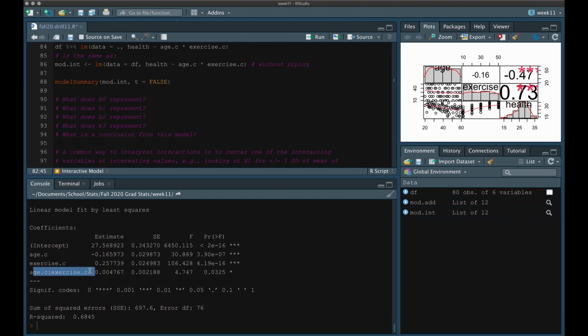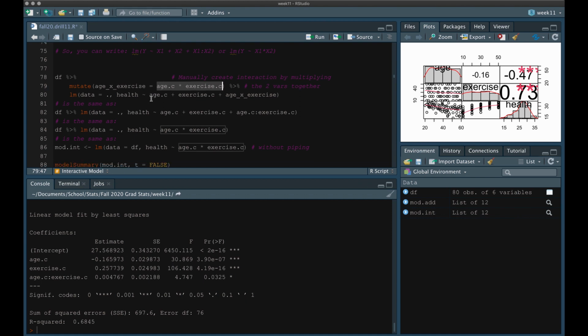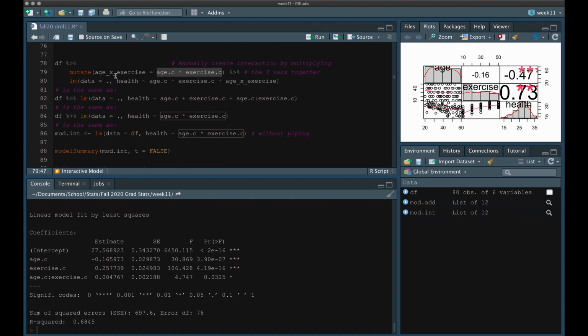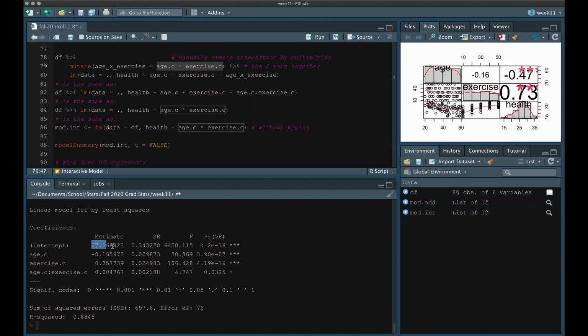And this product, remember, is literally just a product. So ask yourself, at what point is centered age times centered exercise 0? Well, it has to be when things are 0. And so again, it's when everything is 0. So for somebody of average age and average exercise, the predicted health outcome is 27.56.